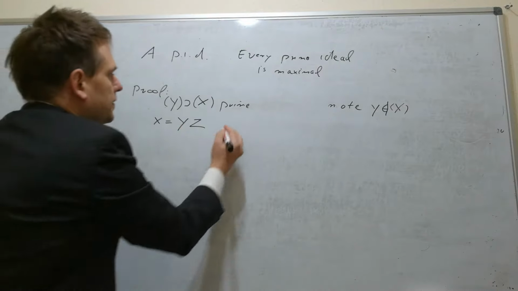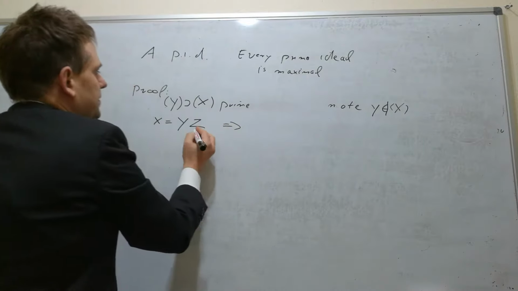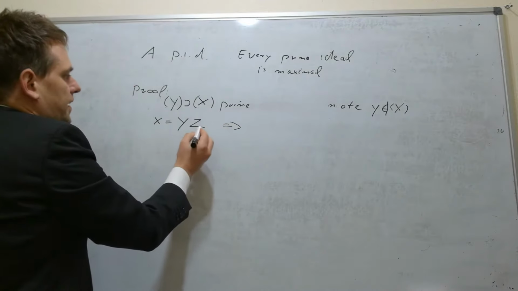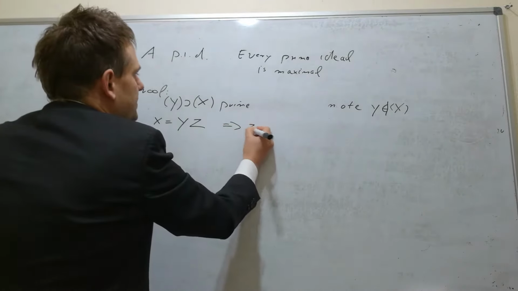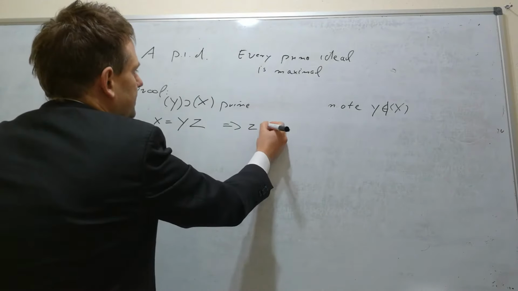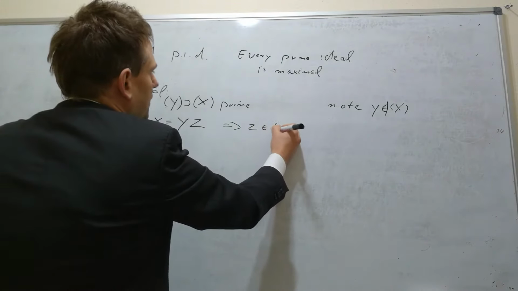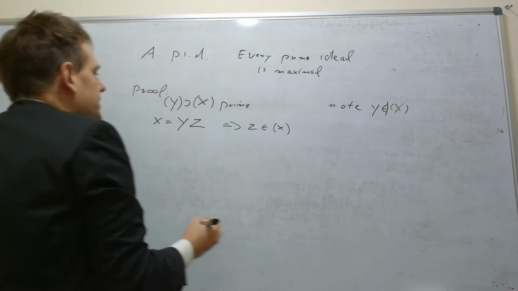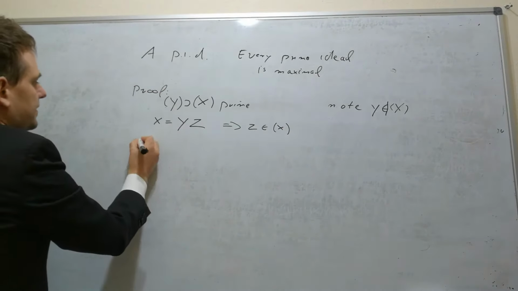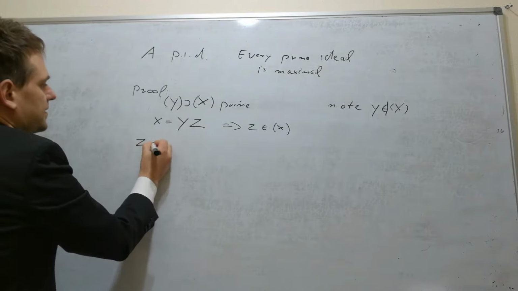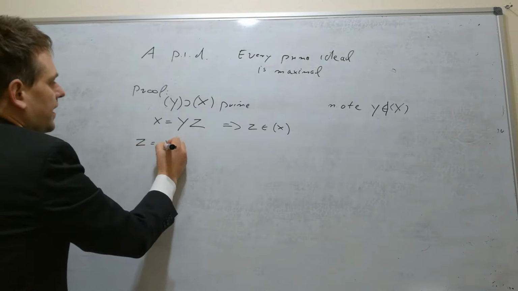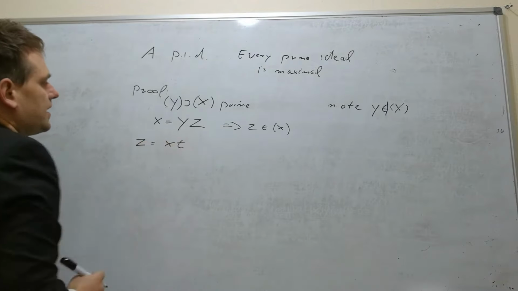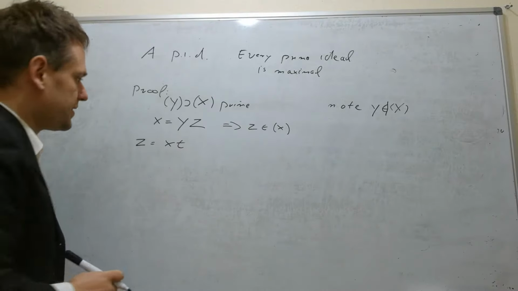So by primeness, we have to conclude that z is an element of the ideal generated by x. So we can write the element z as x times t for some element t.